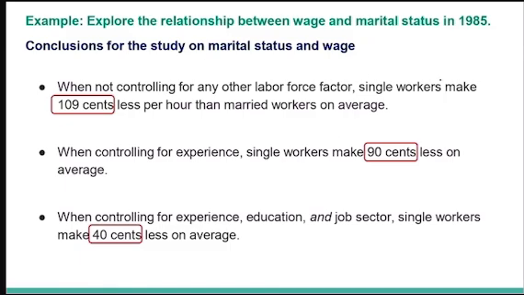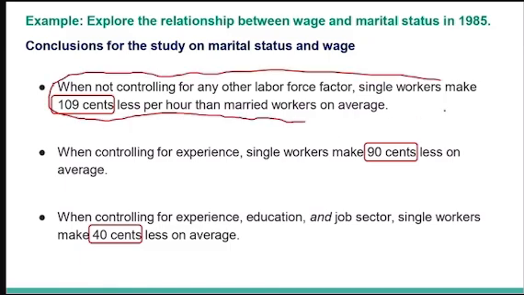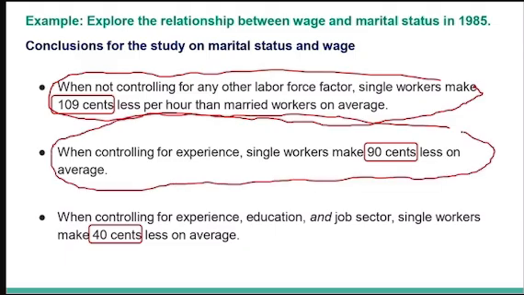When I first started, when I only focused on marital status, I said when not controlling for any other labor force factor, single workers make 109 cents less per hour than the married workers on average. When I added experience, that went to 90 cents.